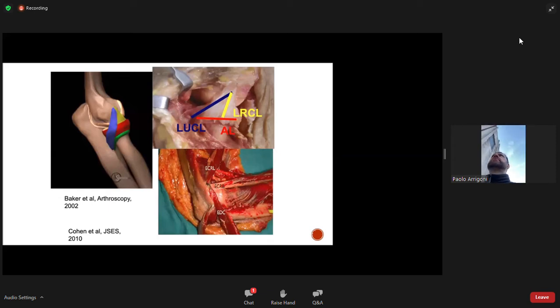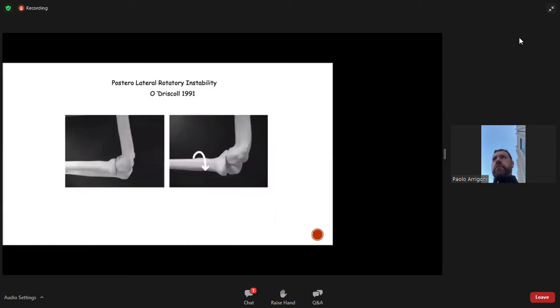ECRB is parallel and extra-articular with respect to the radial band. I invite you to read this very nice study by Cohen and other authors in 2010 in the Journal of Shoulder and Elbow Surgery, in which the anatomy and role of the ECRB tendon are very well depicted.